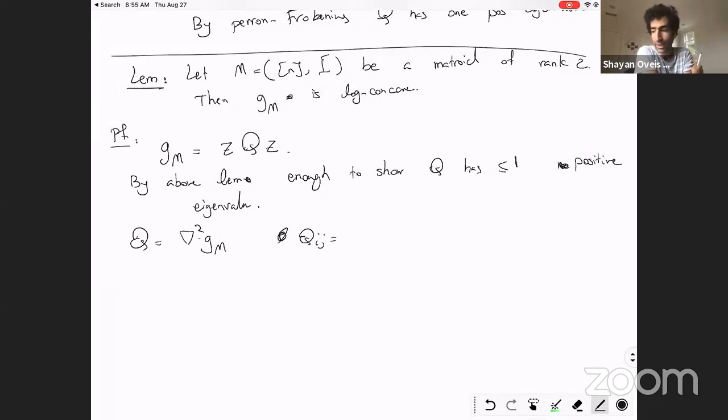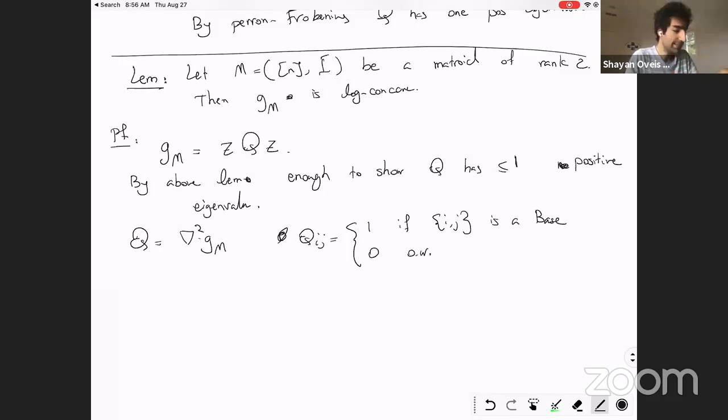We have a matroid of rank 2. What is Q_ij? Q_ij is 1 if {i, j} is a base, and it is 0 otherwise.